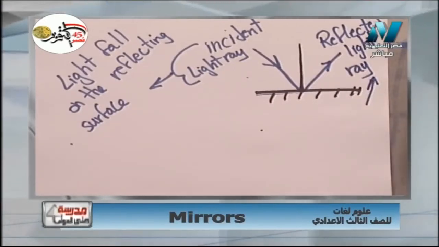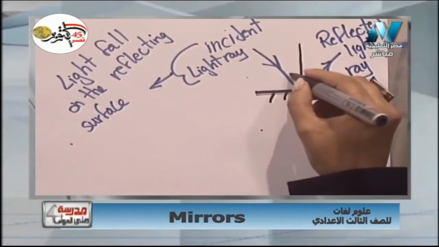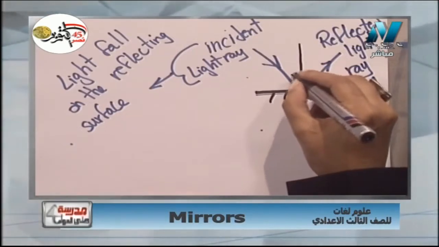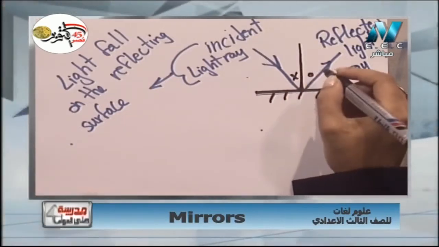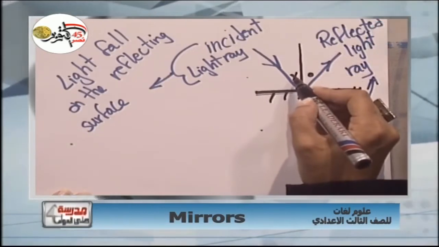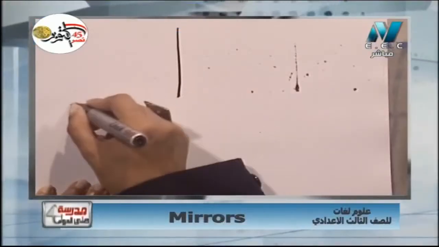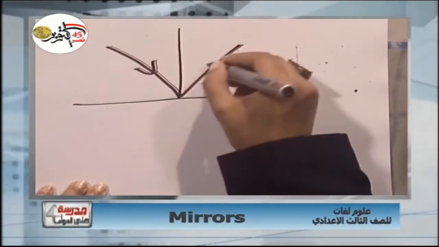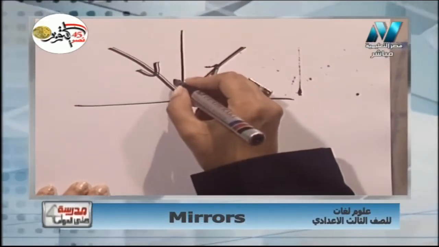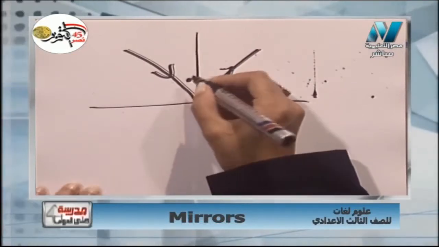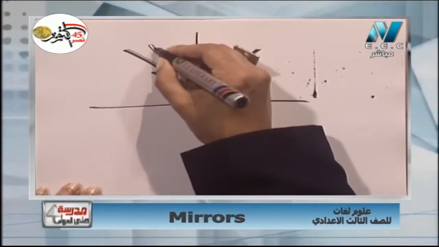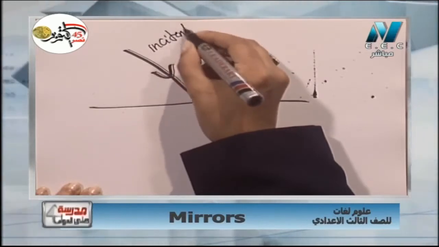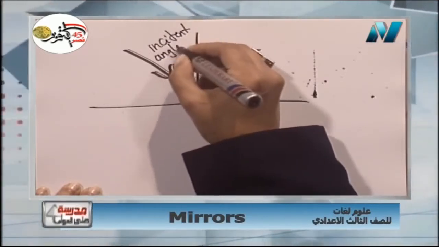Okay, we have two angles, this angle and this angle. So what's meant by incident angle? Okay, we are going to define it together. Drawing again. Incident angle.